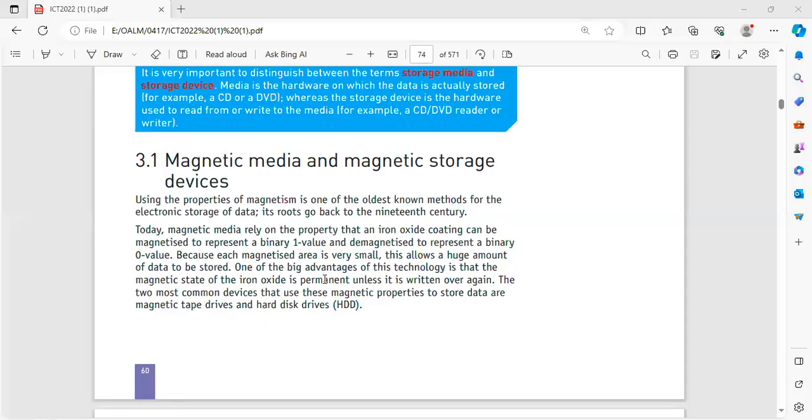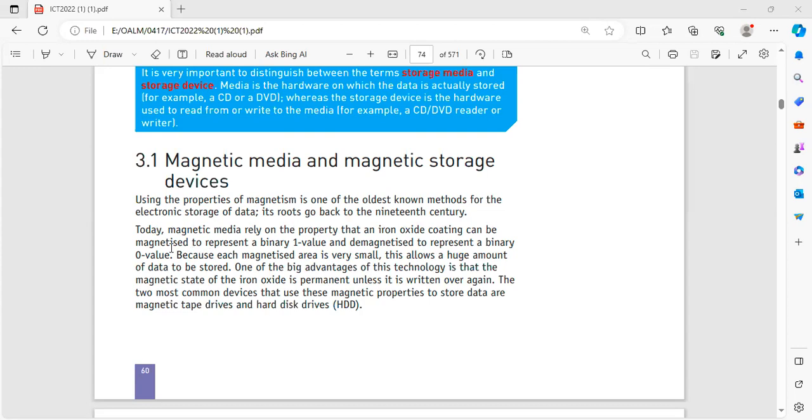So this kind of disk is magnetic coated, as it is written here. Using the properties of magnetism is one of the oldest known methods for the electronic storage of data. Its roots go back to the 19th century.